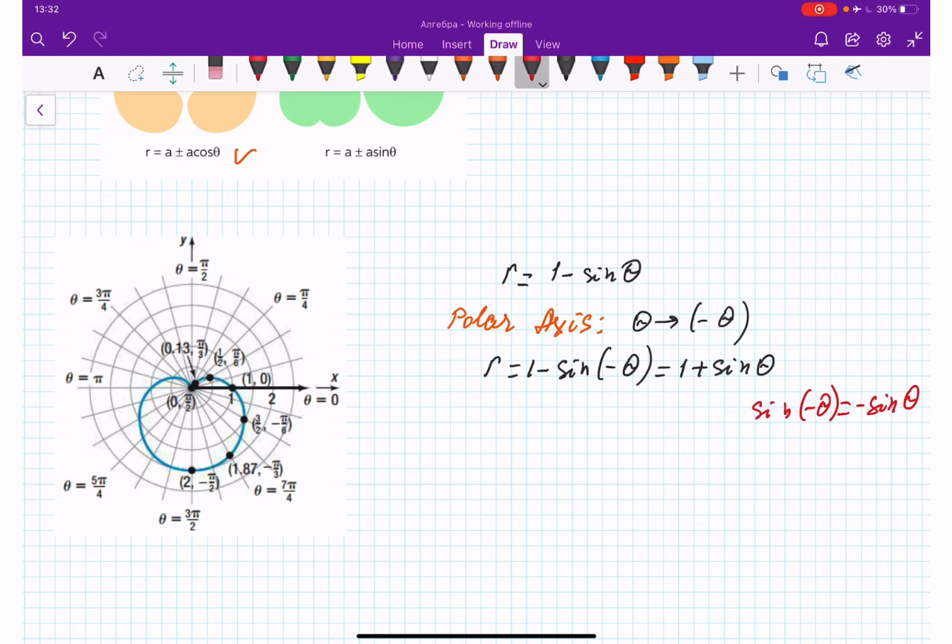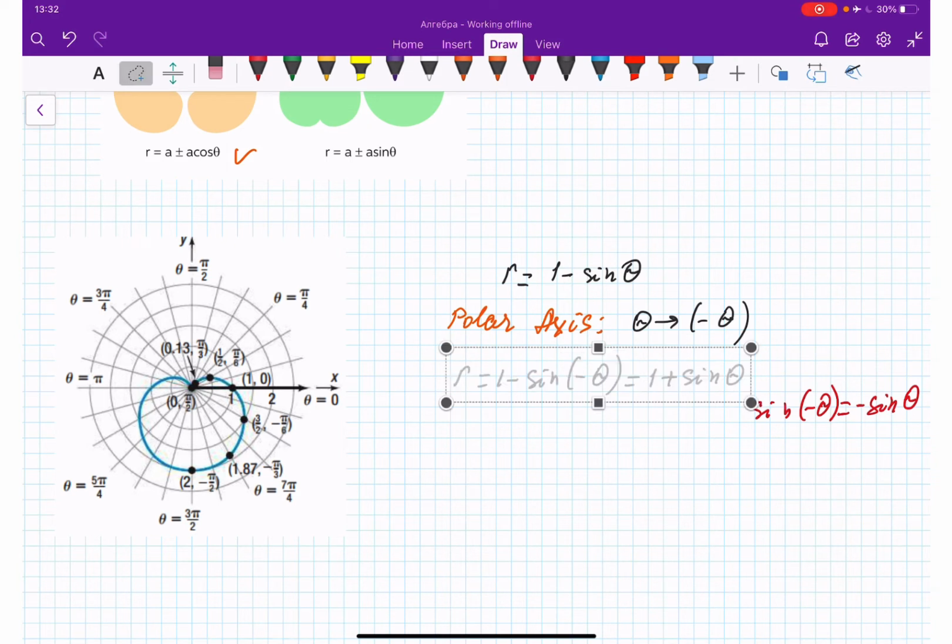Based on this rule, we get r equals 1 plus sine theta. The test fails because we don't get the same result. If we compare this one with this, it's not the same, so it fails the polar axis symmetry test.